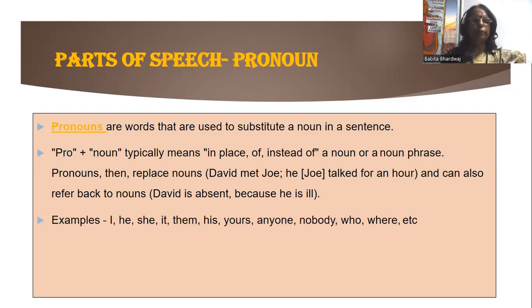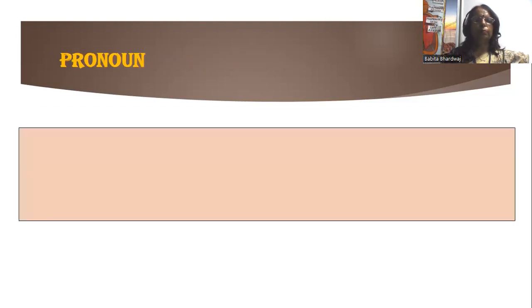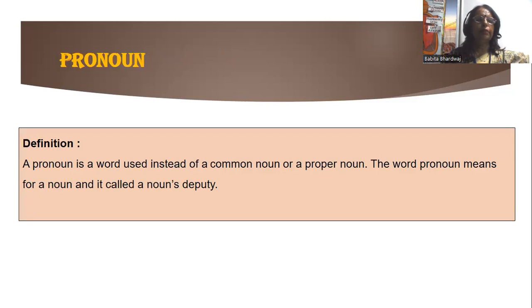Here you can see some examples: I, he, she, it, them, his, yours, anyone, nobody, you, who, where, etc. These are some of the examples. Now, let us see the definition. A pronoun is a word used instead of a common noun or a proper noun. The word pronoun means for a noun and it is called a noun's deputy.